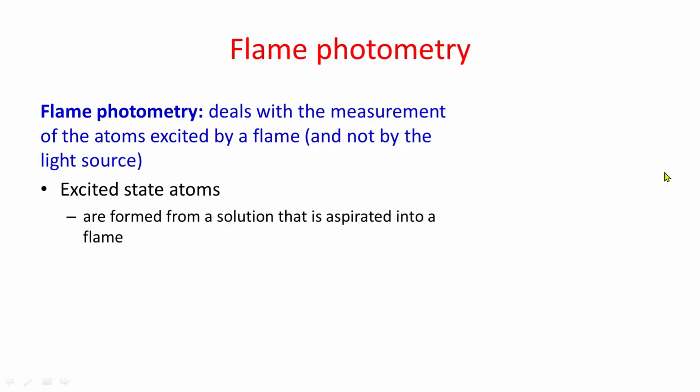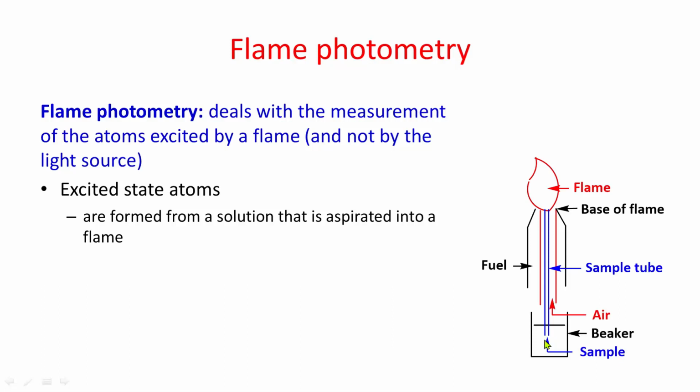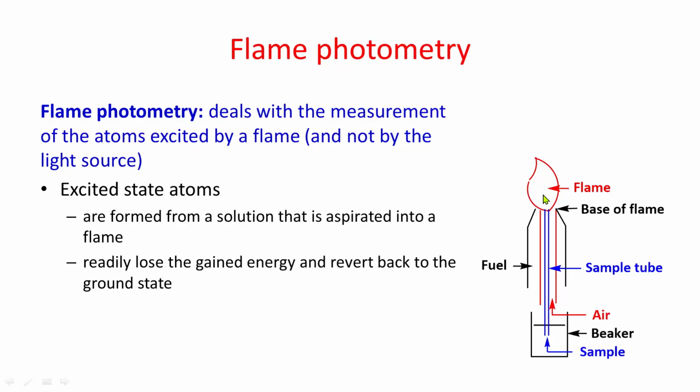Excited state atoms are formed from a solution that is aspirated into the flame. The sample solution contains the analyte, and this solution is aspirated into the flame. The excited state atoms readily lose the gained energy and revert back to the ground state.